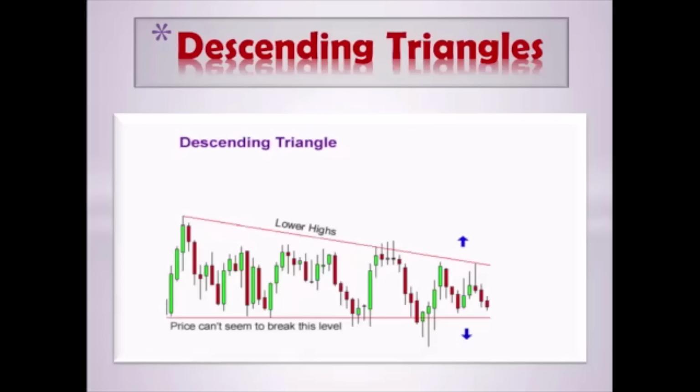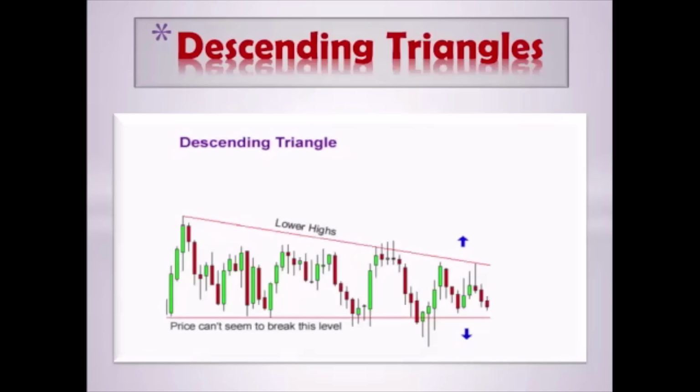Last time we treated ascending triangles and symmetric triangles, and now we're coming to descending triangles. As you probably guessed, descending triangles are the exact opposite of ascending triangles. Now we knew you were smart.